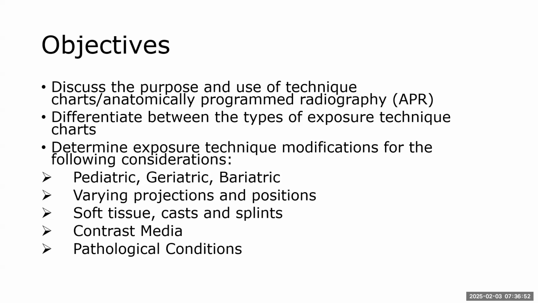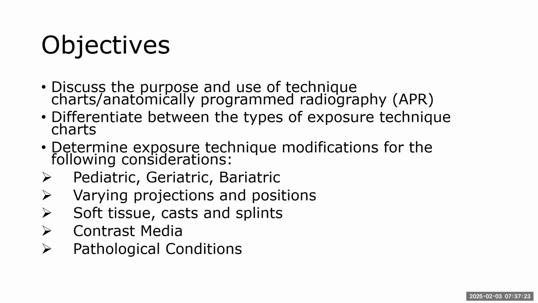So we are going to talk a little bit more about APR, which we've already covered when we covered AEC, but talk about the two different types of technique charts that may be available. Things that you would have to modify techniques on a technique chart for, so things like the patient being pediatric, geriatric, bariatric, varying projections and positions.